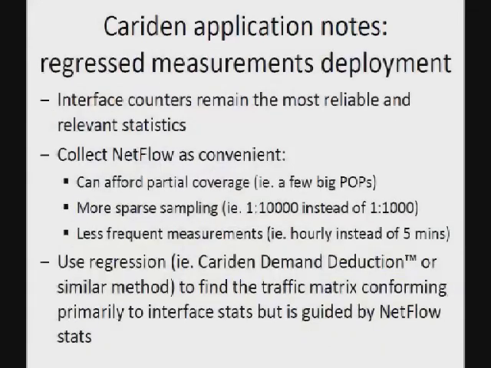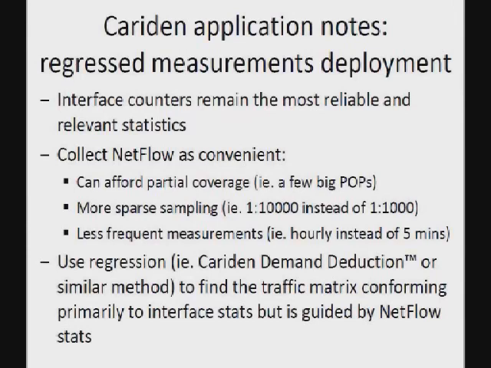So essentially, interface counters are the most reliable source of information, and that means that you can collect NetFlow or sFlow as convenient. So you can try a best effort to cover your network with a traffic matrix.